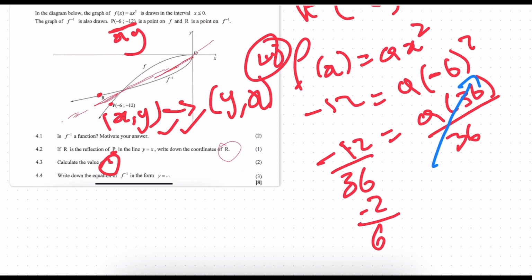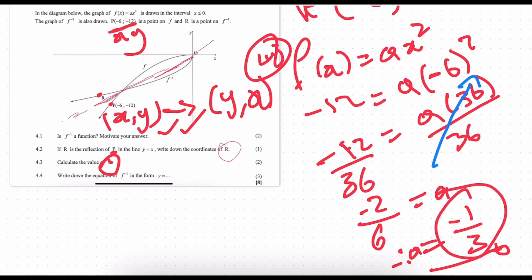That should be 2/6 equals a. In simplest terms, it will be -1/3. I think this is your a. If I made any mistake, use your calculator. I'm just using my head.